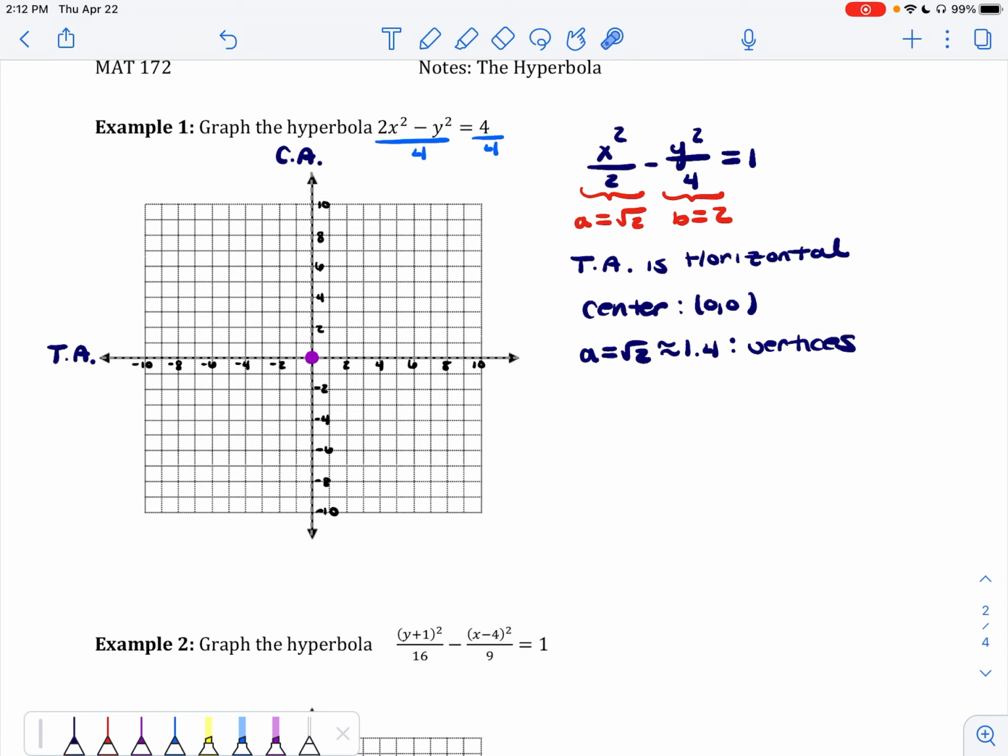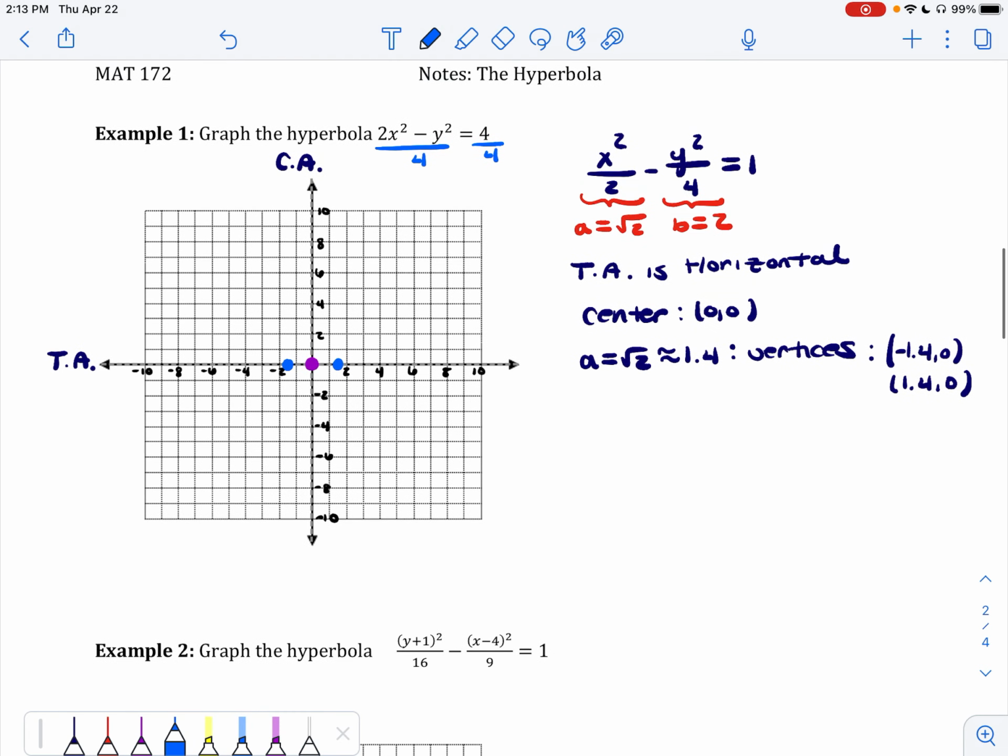Okay, so to the left and to the right of the center, because our transverse axis is horizontal, we're going to count 1.4 units out in either direction and plot our vertices. Okay, so 1.4 units out in either direction would give us negative 1.4, 0 and positive 1.4, 0. So those are going to be our two vertices.